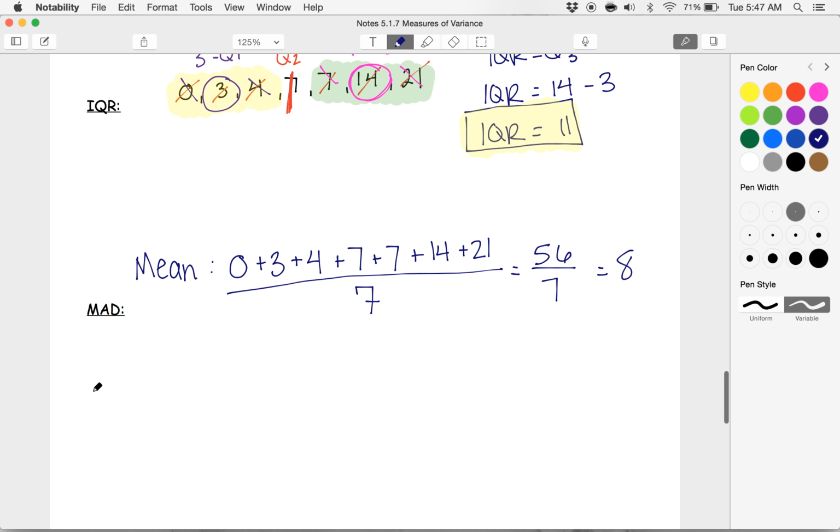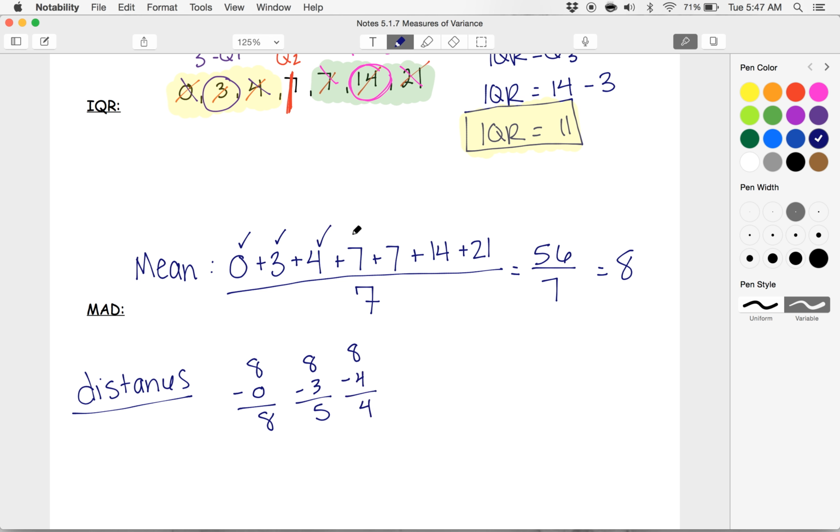Okay, now we need to find the distances. So I'm going to do 8 minus 0, which gives me 8. 8 minus 3 gives me 5. 8 minus 4 gives me 4. 8 minus 7 gives me 1. 8 minus 7 gives me 1. 8 minus 14.